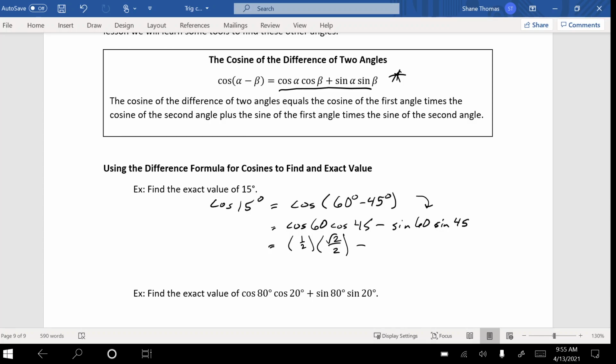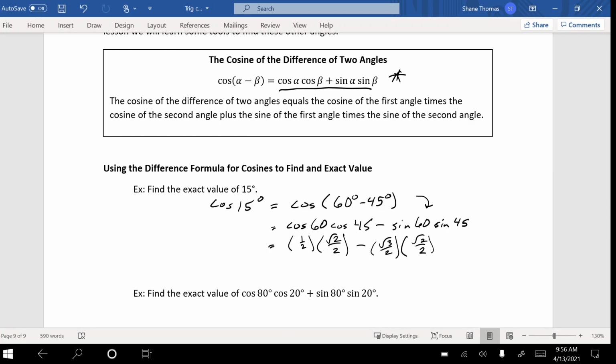Good, root 3 over 2. You guys are remembering these so well. This is off the unit circle. And the sine of 45 degrees. Root 2 over 2. Great job recalling those angles. All you do is look at the unit circle for all those ones, or the 30-60-90 and 45-45-90 triangles, those special triangle setups we had.